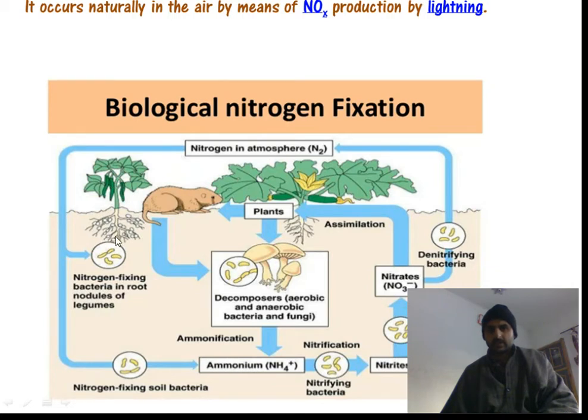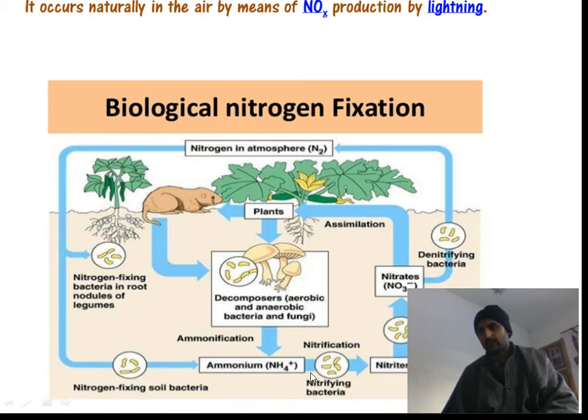Here you can see a picture of biological nitrogen fixation. This is a leguminous plant, and there are the nitrogen fixing bacteria. They fix the nitrogen, and the bacteria in the soil also convert atmospheric nitrogen into the ammonium ion, and the ammonium ion, with the help of nitrifying bacteria, is changed into nitrates.